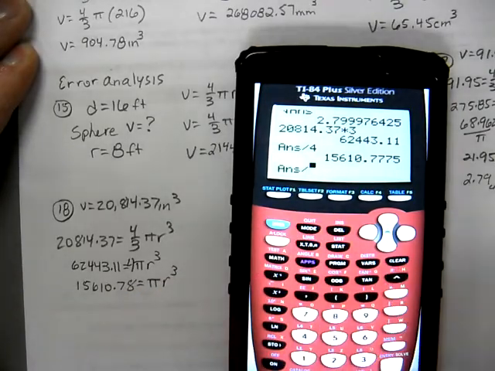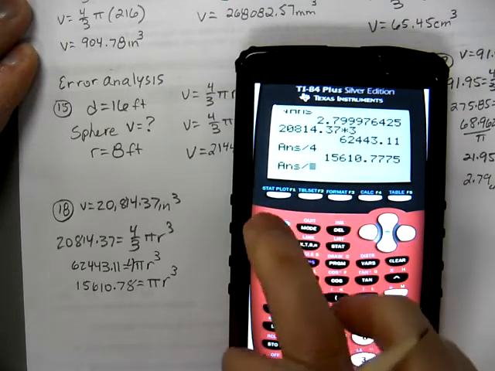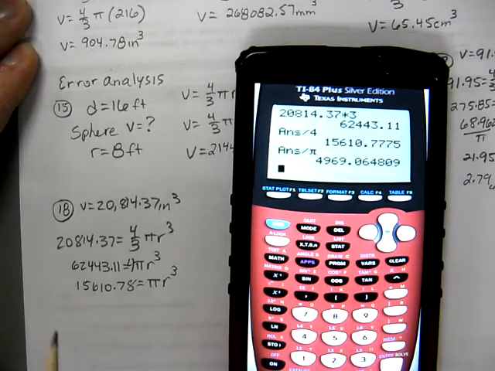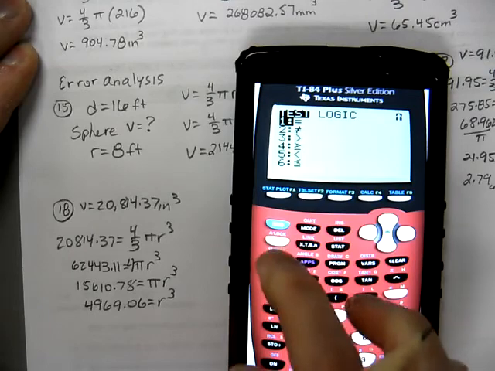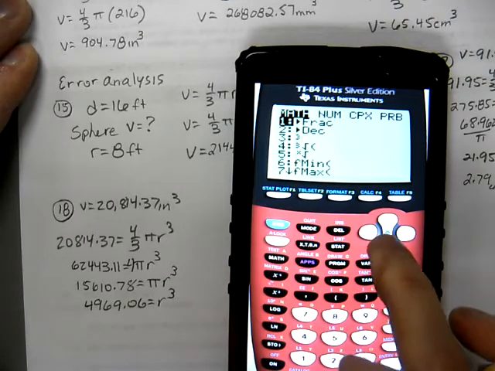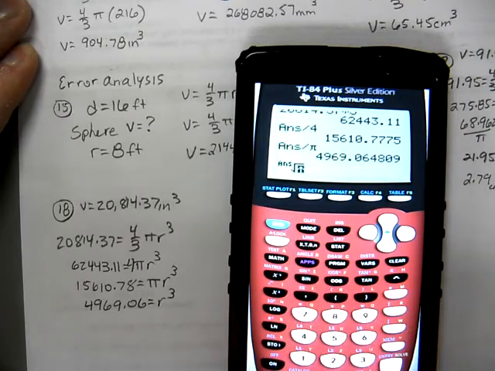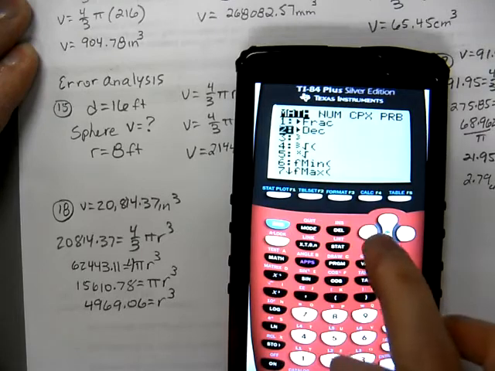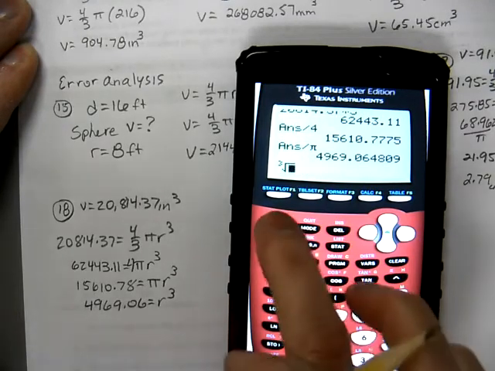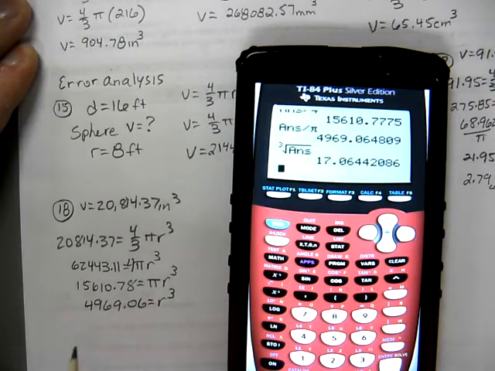Divide it by the pi. And then take our cubed root of the answer, and get 17.06. Those would be inches.